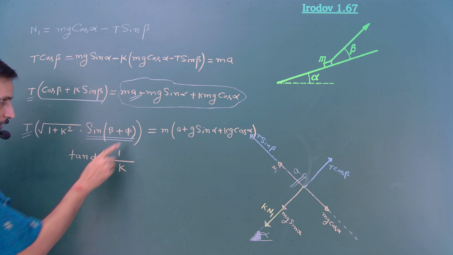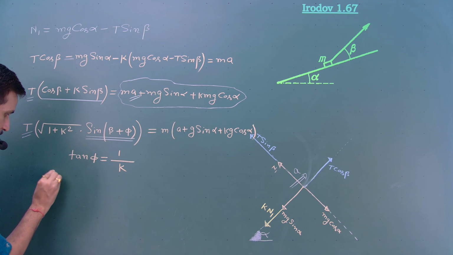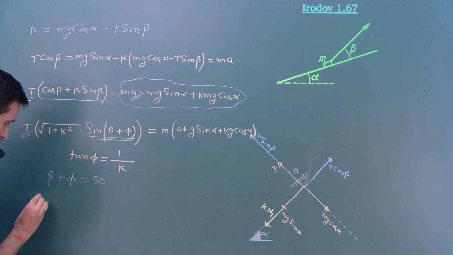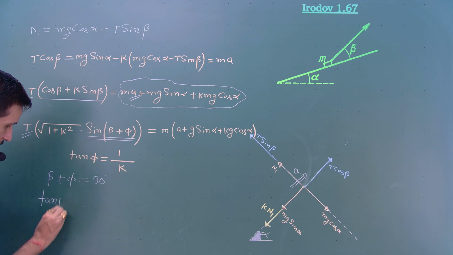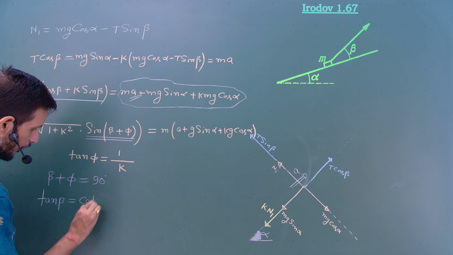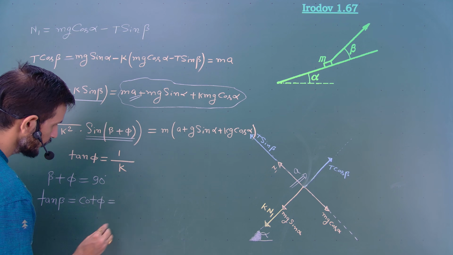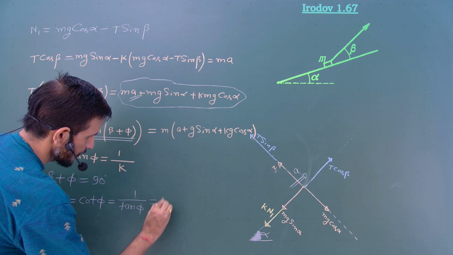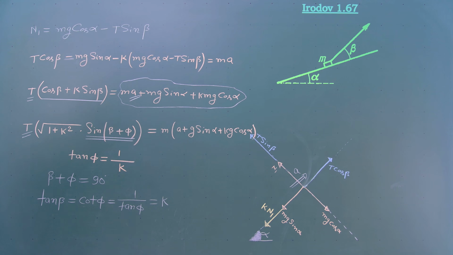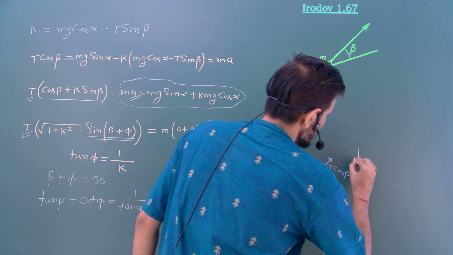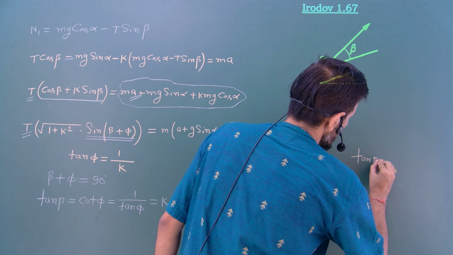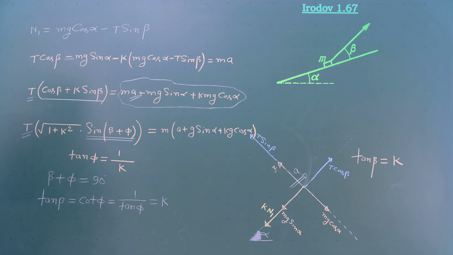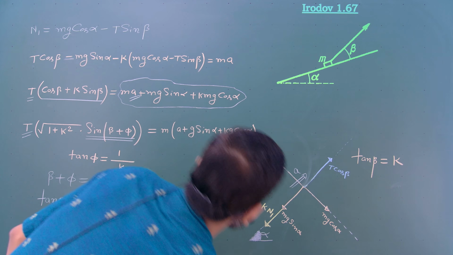It means that beta plus phi should be equal to 90 degree. It means that tan beta should be equal to cot phi, which is 1 by tan phi. So it should be equal to k. So when tan beta equals the coefficient of friction k, the tension in the thread is minimum. So this is the first answer.